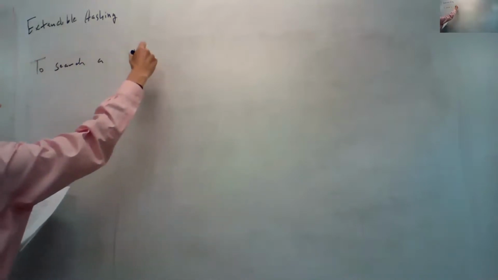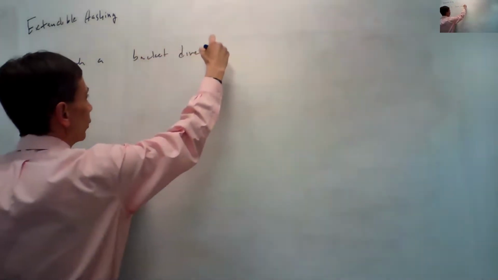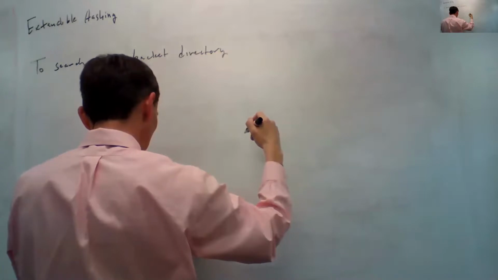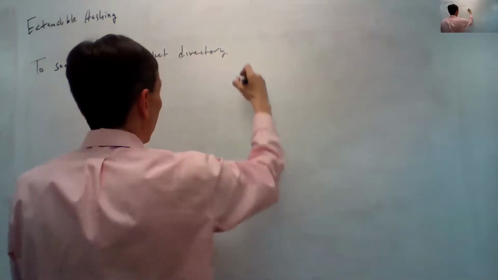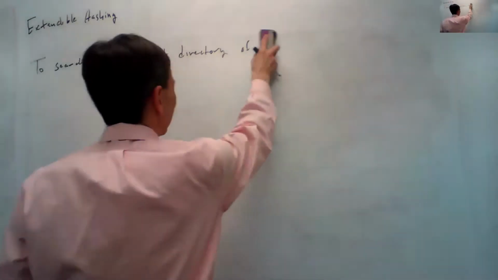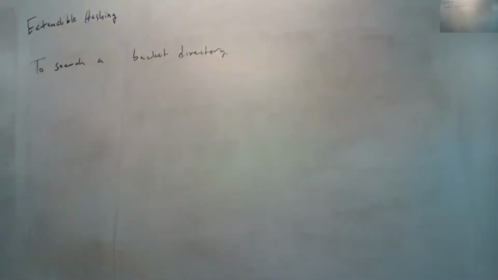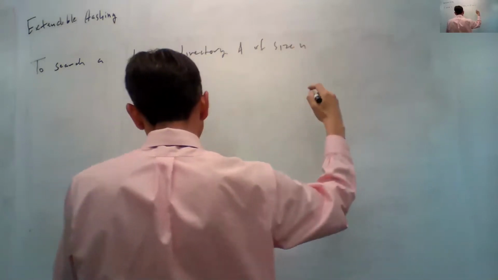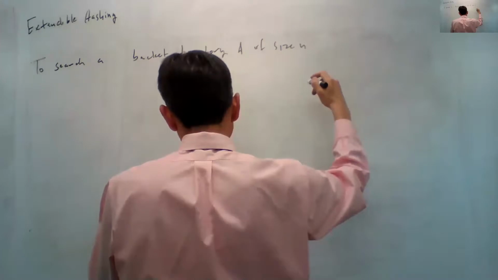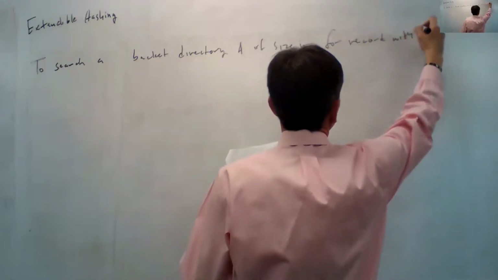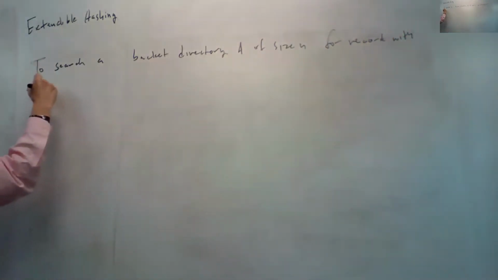So, to search a bucket directory, like the one I just showed you, of size n, and I'm going to call the bucket directory A. It's a little confusing because I named one of the buckets A, but let's call the bucket directory A, of size n, for a record with primary key k.